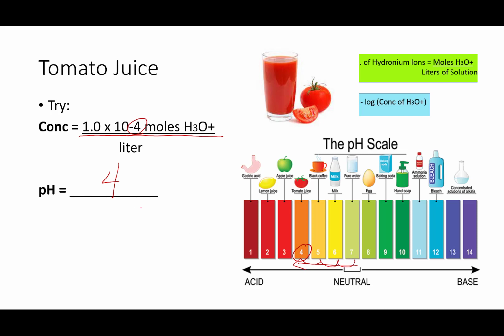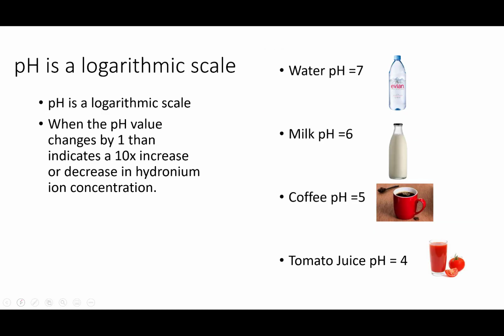And this is all related to the thing I really want you to understand, which is that pH is related back to the concentration of how many hydronium ions there are in a liter of solution. It's based on counting those ions, counting a concentration.